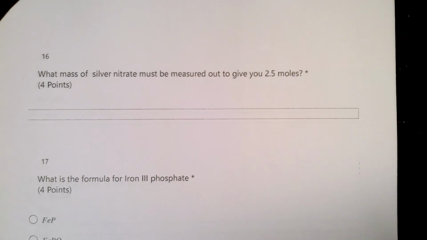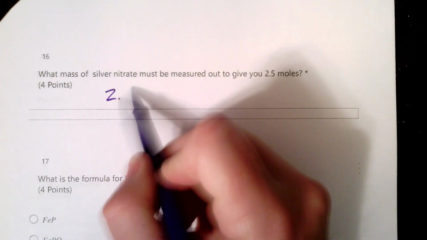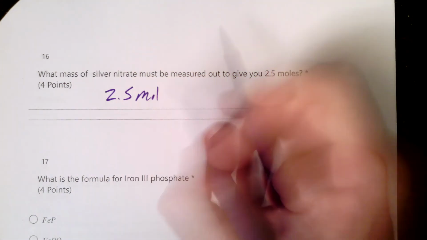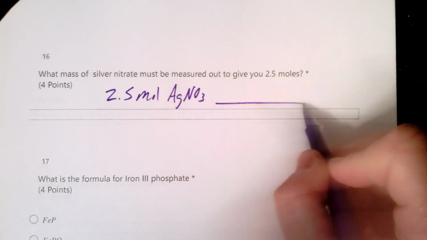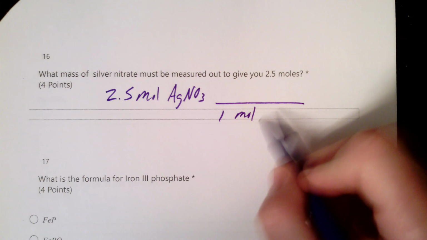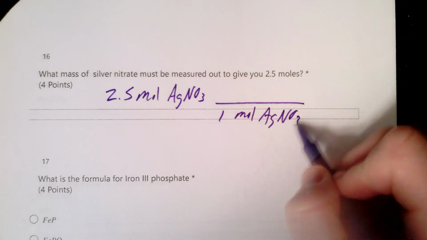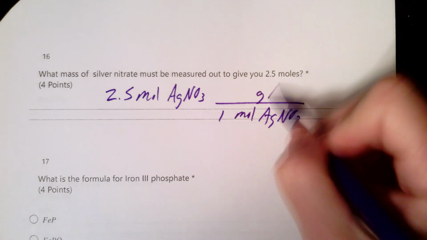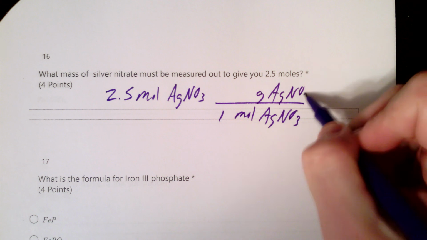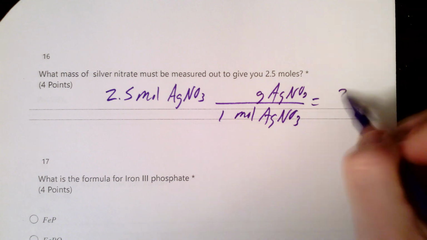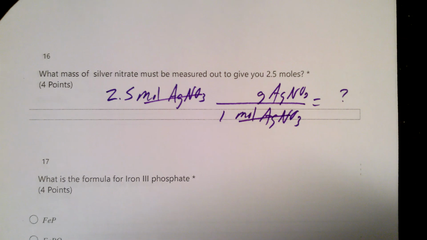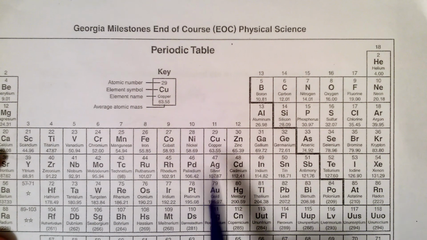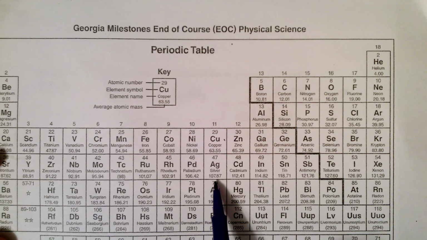Okay, mass of silver nitrate to give you 2.5 moles. 2.5 moles of silver nitrate. 1 mole of silver nitrate is some number of grams of silver nitrate. The question is, where do I get the number of grams? I got to go to the periodic table. Silver is about 108.